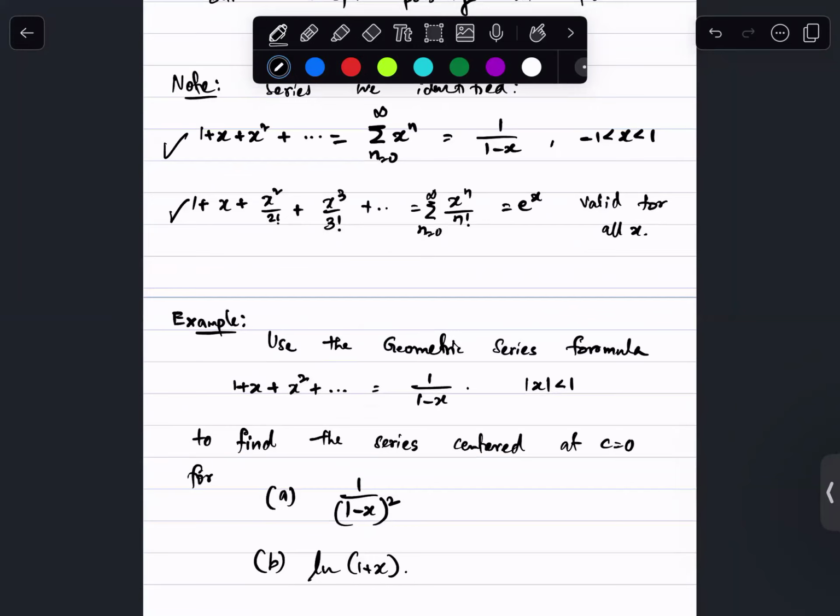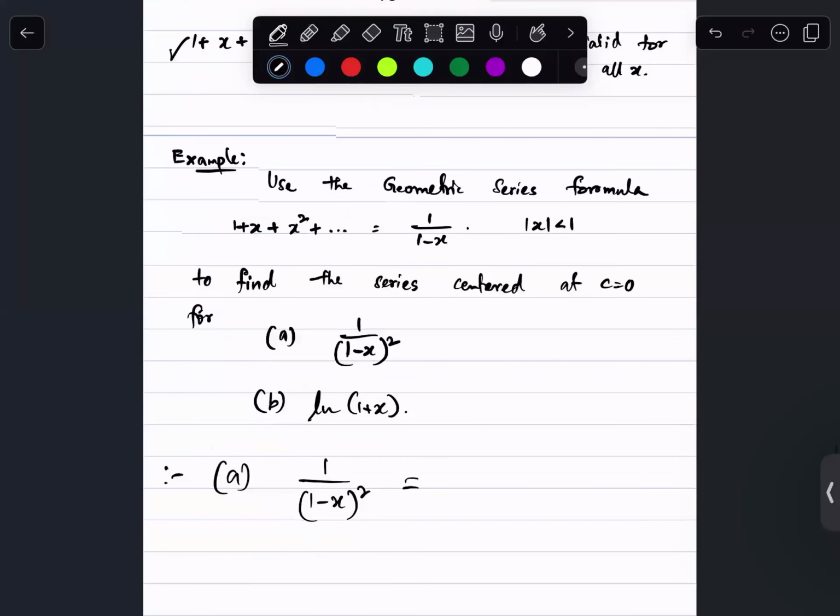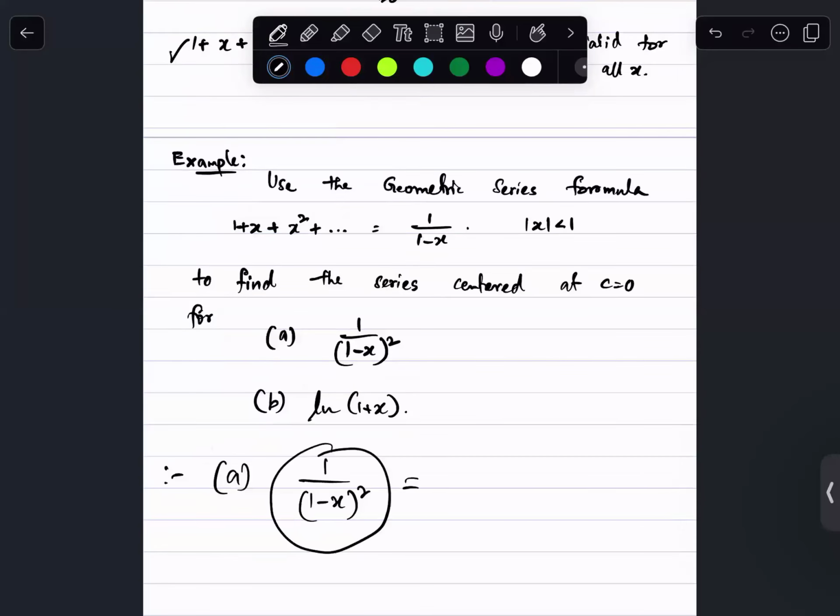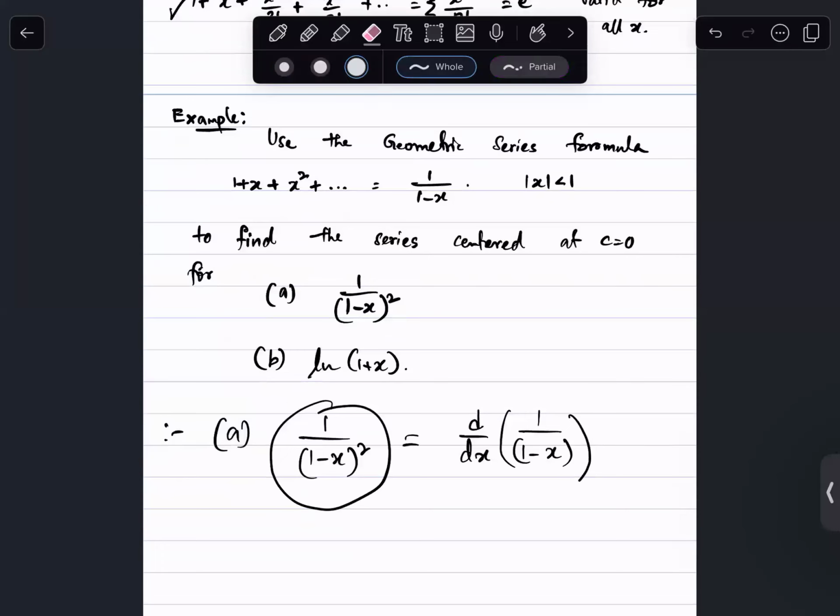These two are my formulas to apply in this problem. Okay, so is this familiar somehow? I guess yes. If I take 1 over 1 minus x and the derivative of that, what is this?